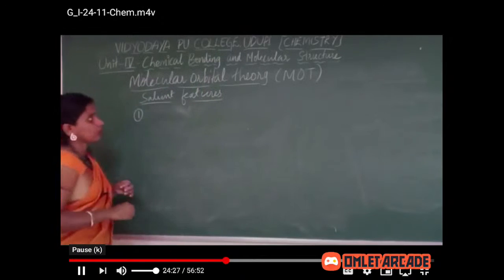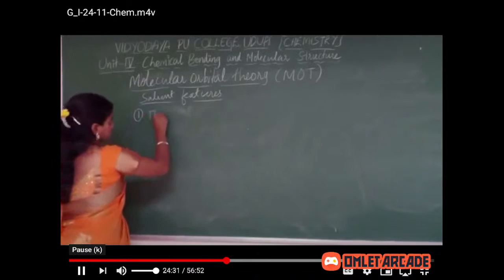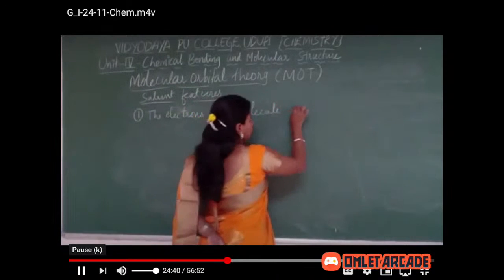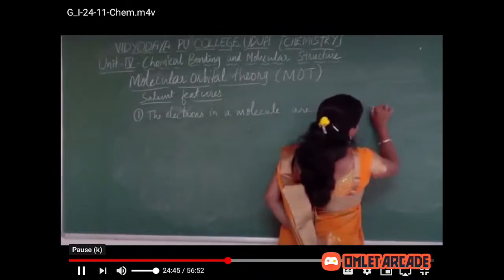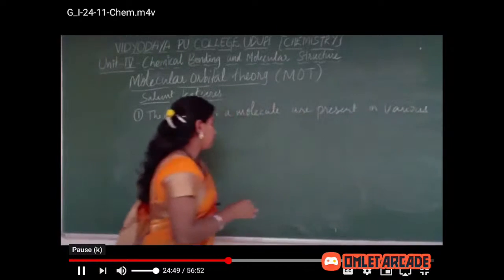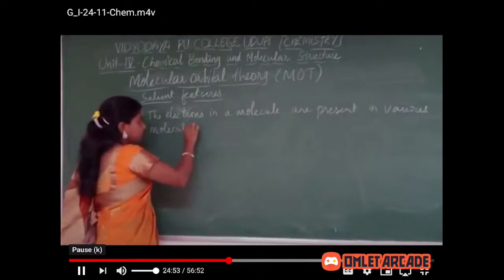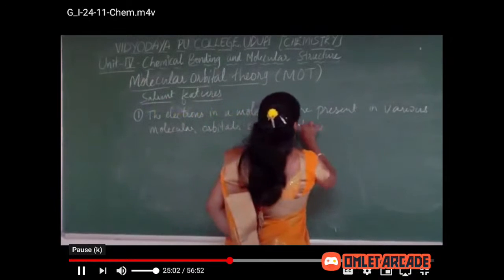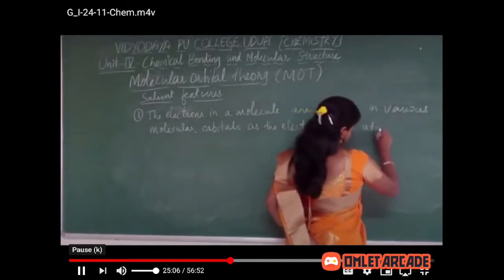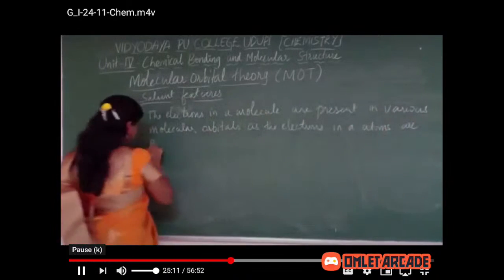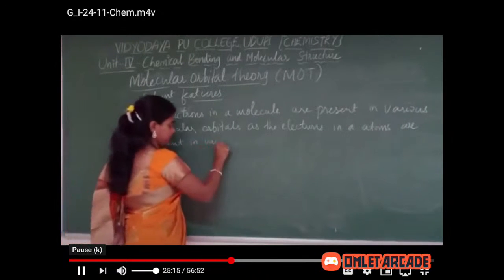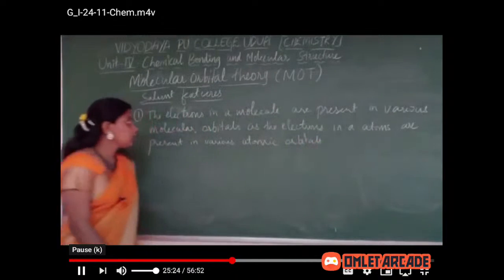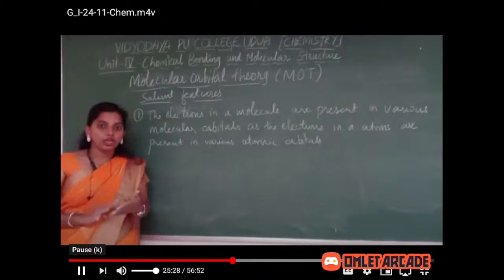First one: the electrons in a molecule are present in various molecular orbitals, as the electrons in an atom are present in various atomic orbitals.